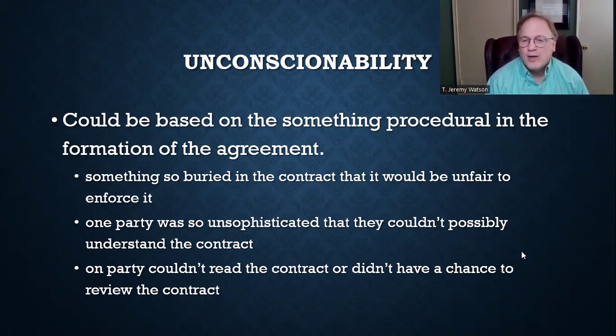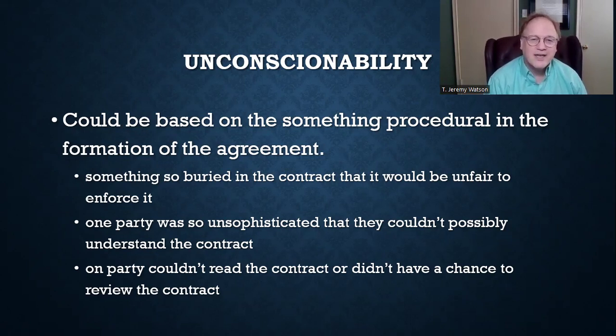If you knew that the other party couldn't read, right? Either they couldn't read, maybe they were illiterate, or maybe they just didn't have the chance to read or review a contract. Again, you gave them a 497-page contract and they only had 5 minutes to consider it. Those are the kinds of things that may be unconscionable, right? It's not fraud. It's not duress.